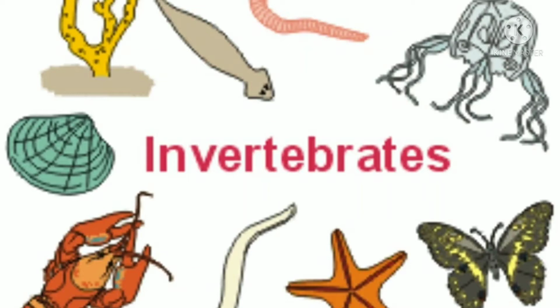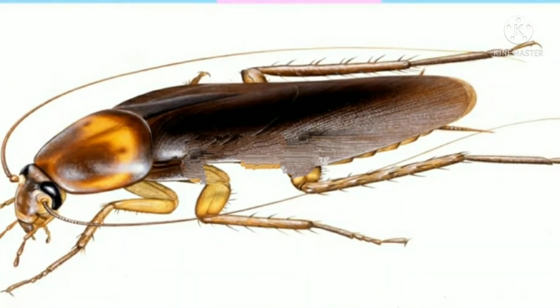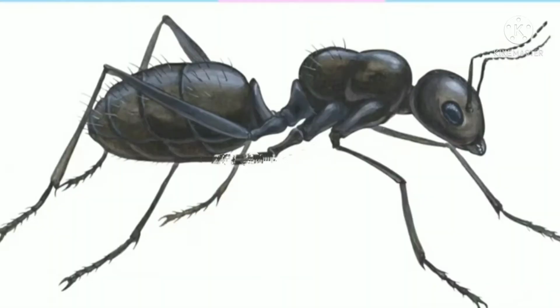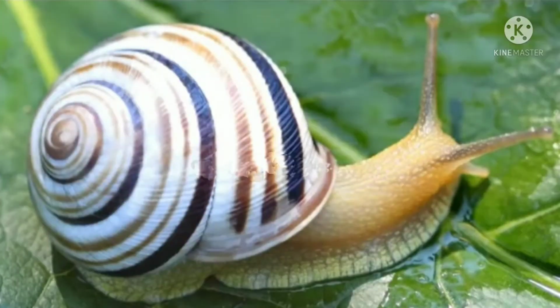What are invertebrates? Animals that do not have a backbone are called invertebrates. Small animals like insects such as cockroaches and ants, worms, slugs, snails, etc. do not have a backbone.